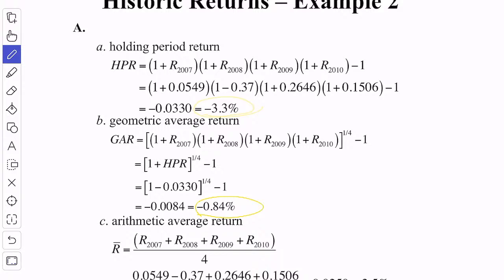That's what we're presuming. We're presuming that we left an investment for 4 years and didn't remove it. And finally, the arithmetic average is 2.5. So you can really see how the arithmetic average doesn't adequately reflect the average.